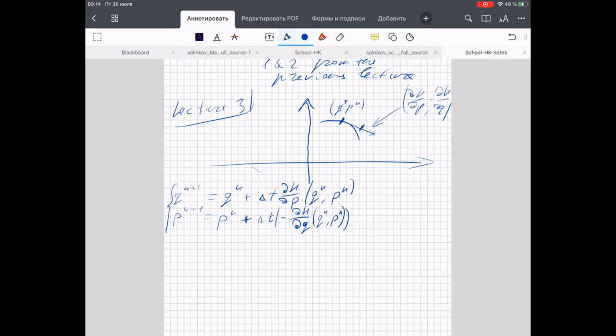So what I get, this, maybe let's mark it somehow. So this green part is this. So what I'm getting is this point is qn plus 1, pn plus 1.